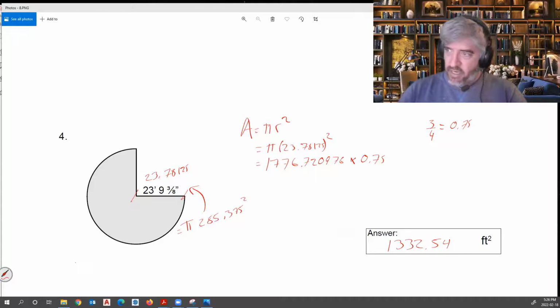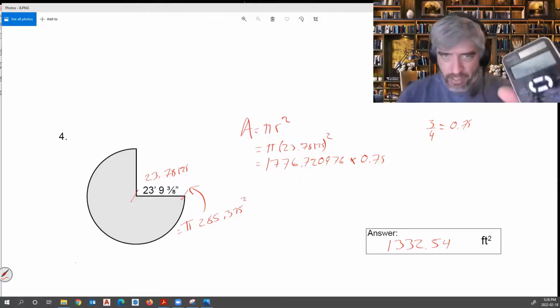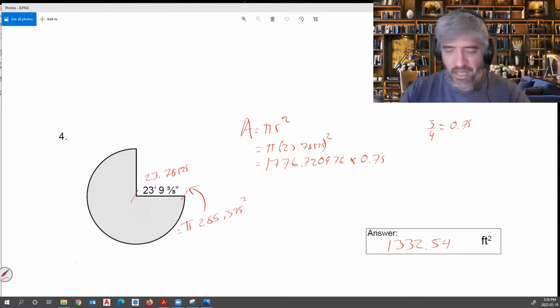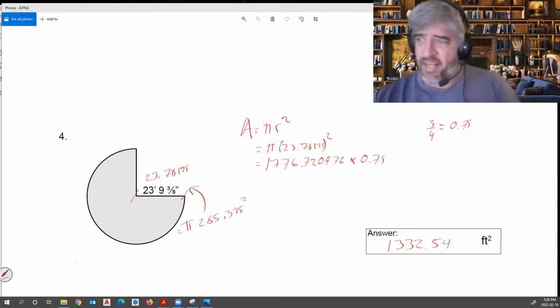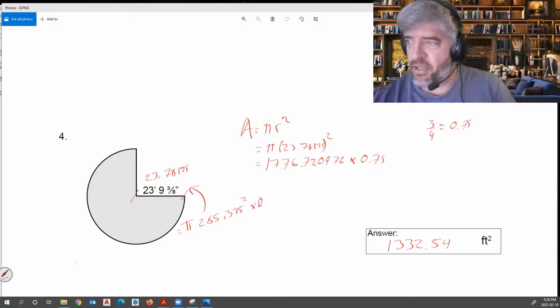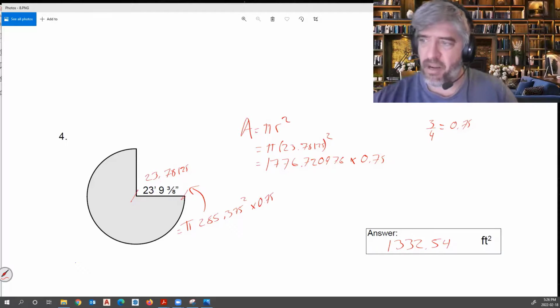So 285.375, I do squared times pi equals, gives me some big number on my calculator, 255,000, blah, blah, but I still know I need to multiply that by 0.75, which gives me an answer. So I'll just times this by 0.75 for 75% of a circle.